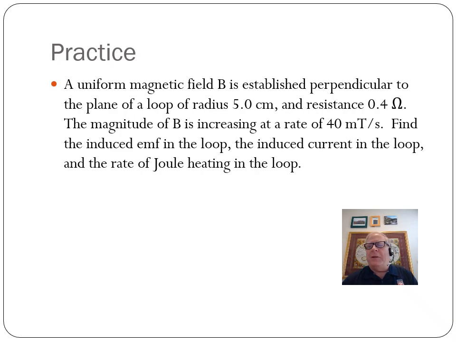And so that's going to be equal to your EMF. That's essentially going to be your voltage. You take that voltage then and divide it by the resistance, and that should give you the current in the loop. And once you know the current and the resistance, you can get the rate of Joule heating. What does that mean? They're talking about the power. So you can figure out the power from that. So go ahead and work on this one on your own, and then you can restart the rest of the video after you're done.